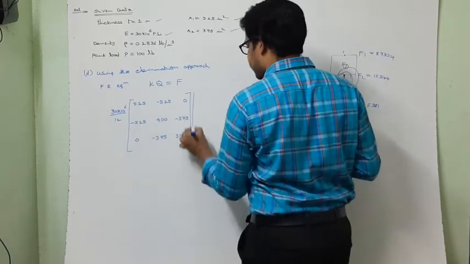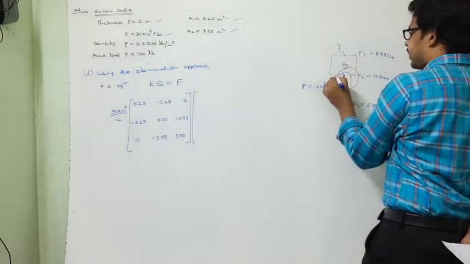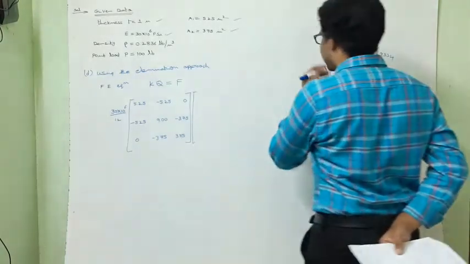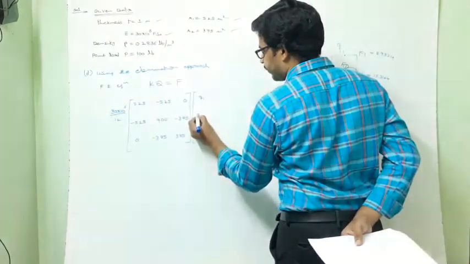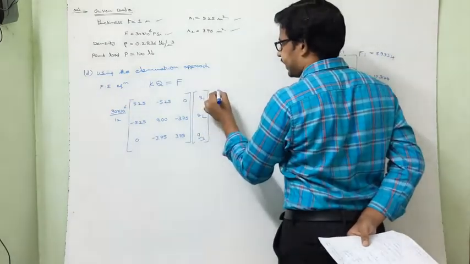What are the displacements? In the question, the first node has Q1, the second node has Q2, and the third node has Q3. These are the displacement vectors for the given problem.